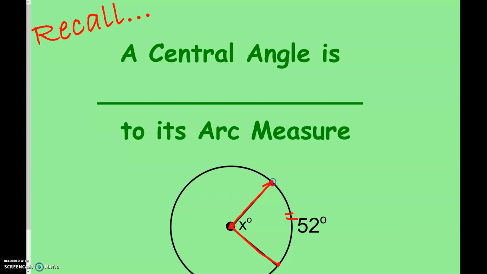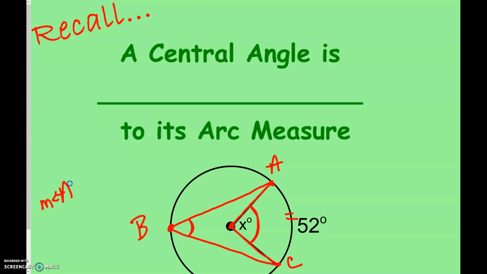Well, if we take this point and go back to a point on the circle, this angle, your central angle, and this angle in here do not look congruent. They don't look the same. So I would have you measure angle ABC on Geometry Sketchpad, and you would find that the measure of angle ABC is 26 degrees.